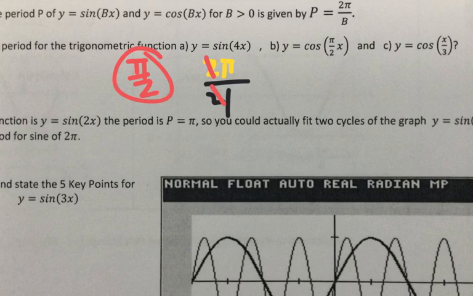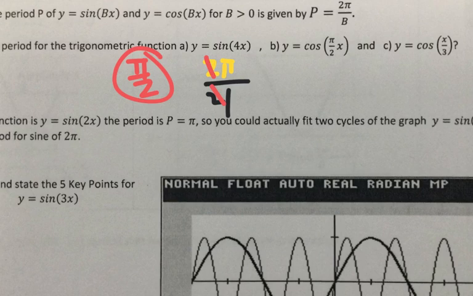And that's 2 pi. This is pi over 2, pi, 3 pi over 2, 2 pi. Now if my period is now pi over 2, what's happening? The graph is doing a full sequence 4 times as quickly. Because my period is being changed by 4, and now it is going to complete a cycle in pi over 2.